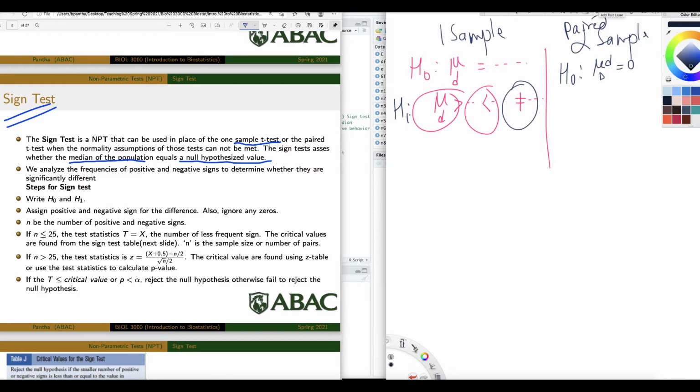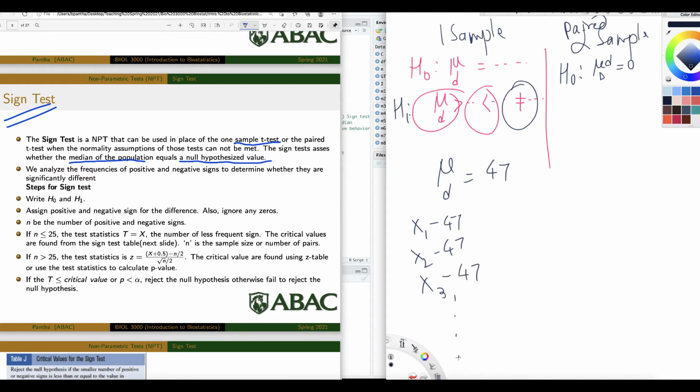Okay, and what you do next is assign positive and negative signs for the difference. Suppose your test is mu d equals, let's say, 47. In this case, you find the difference of all the data, so every data minus 47: data 1 minus 47, data 2 minus 47, data 3 minus 47, and so on.